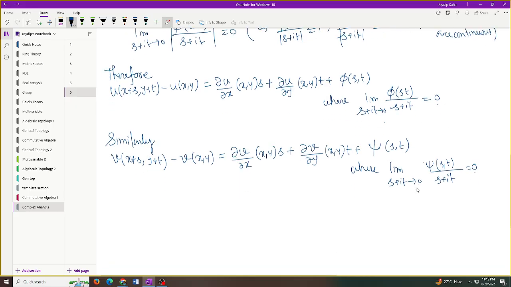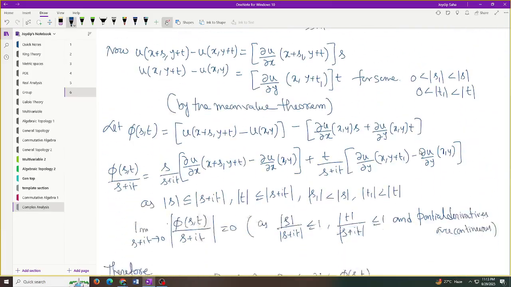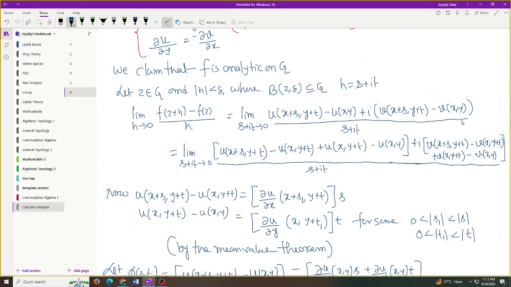So now I want to go to this line. This line is star.